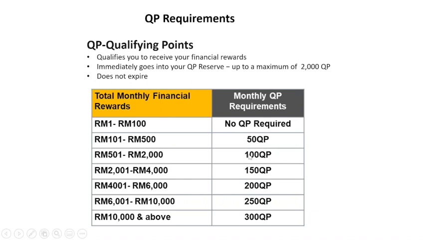So instead of 5,000 ringgit, you only get 2,000 because you have only 100 QP.